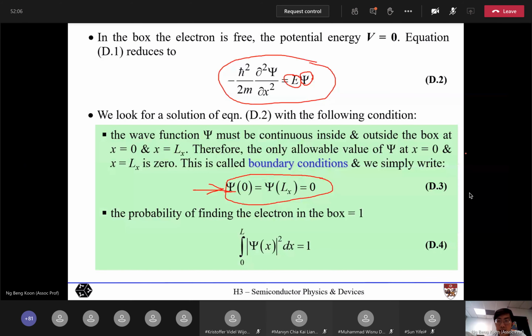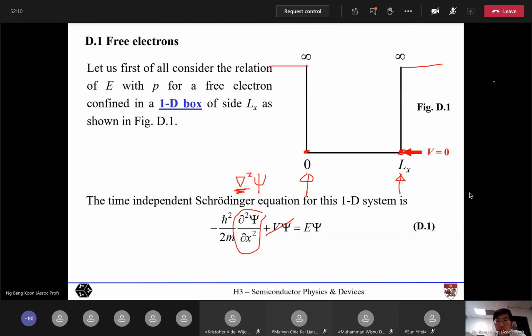The other condition is that because the potential at the edge is infinity, the electron will be bound to this region. Because it goes to infinity, there's no chance that you can find an electron outside. It's so high that there's no way the electron can get out.